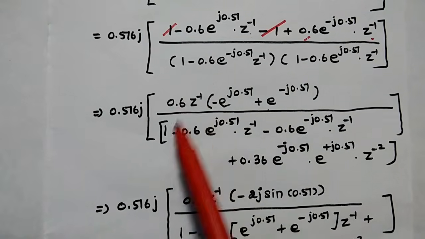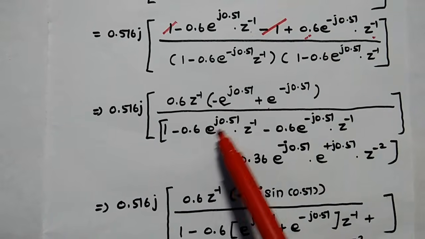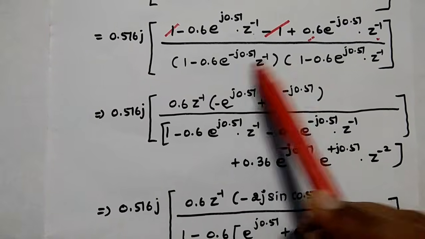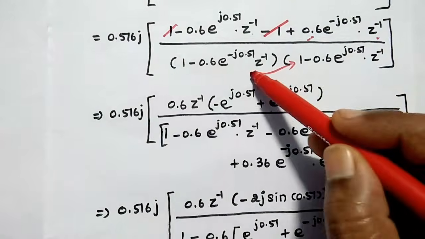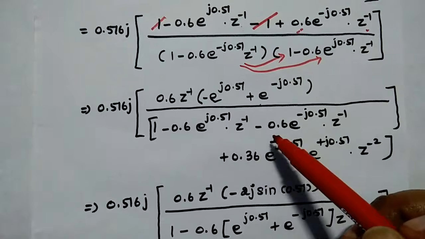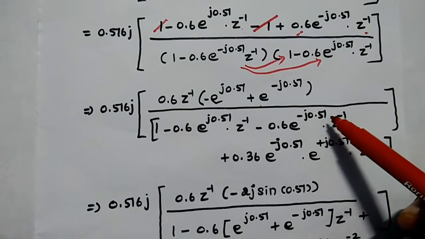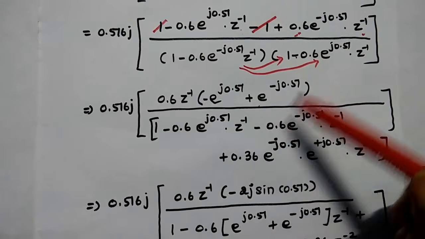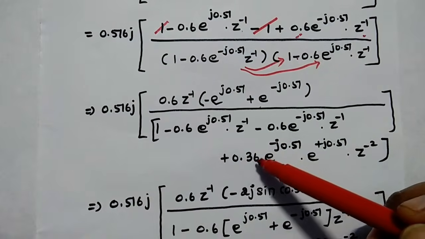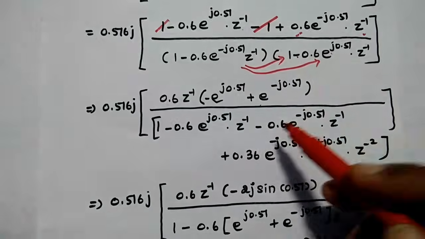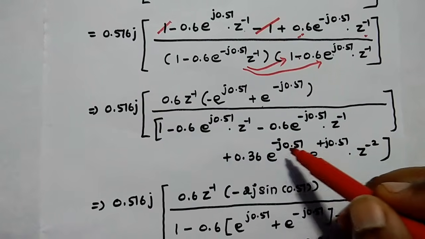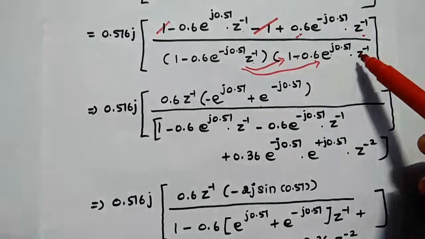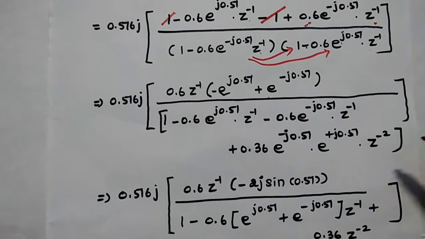Okay, so 1 into 1, 1. 1 into minus 0.6 e power j 0.51 z power minus 1. Then multiply these two terms. So here we get minus 0.6 e power minus j 0.51 into z power minus 1, then minus into minus plus 0.6 into 0.6, 0.36, and then multiplying these two terms, we get e power minus j 0.51 e power plus j 0.51, z power minus 1 into z power minus 1 is z power minus 2, correct?